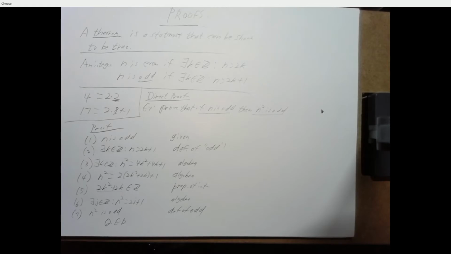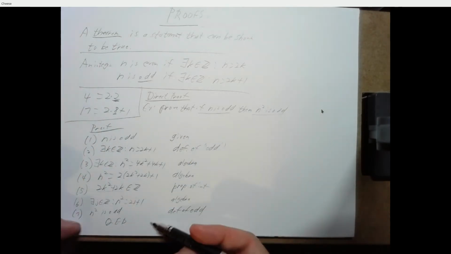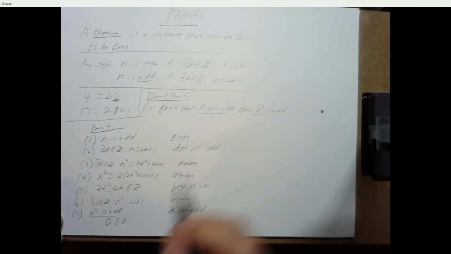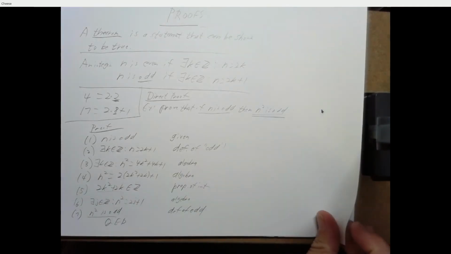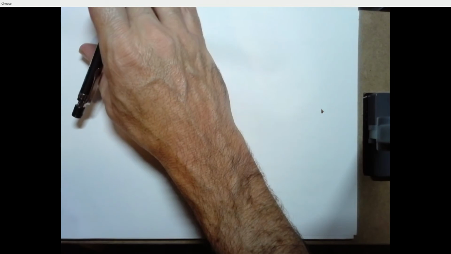So there's a proof that if n is odd, then n squared is odd. And it's a direct proof because we started with what we were going to assume was true and argued until we proved the thing that we were trying to show. Okay, there's another method of proof that we'll use sometimes, and that's an indirect proof.